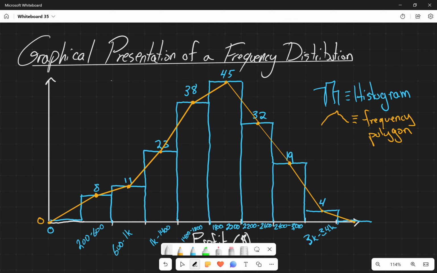And this axis is going to be the relative frequency. This number right here in the relative frequency is calculated by going 8 divided by the total number.